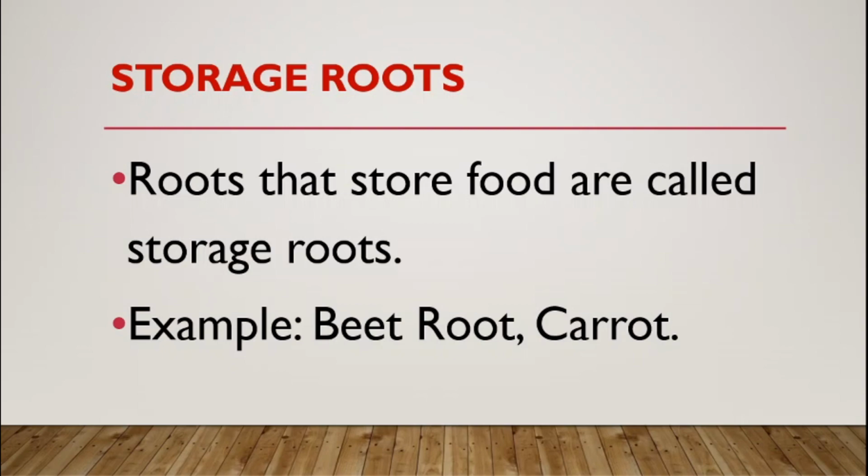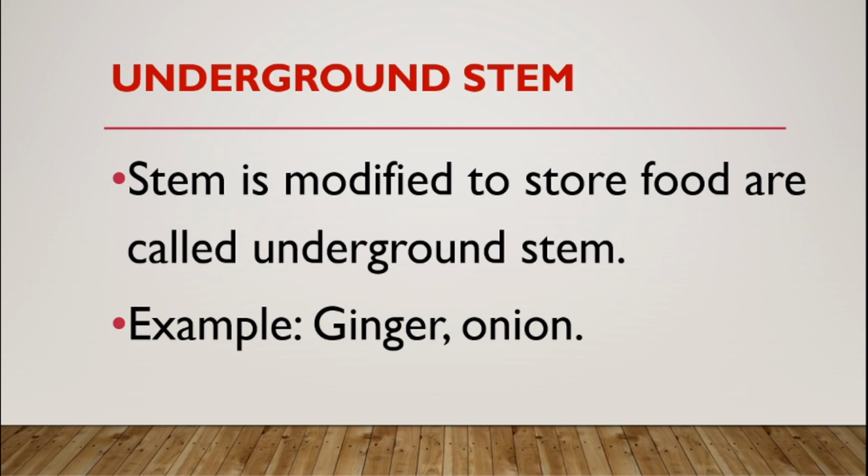Next one is underground stem. Stem that is modified to store food is called underground stem. And the examples are ginger, onion, etc.